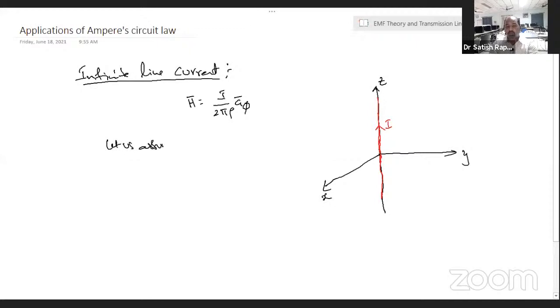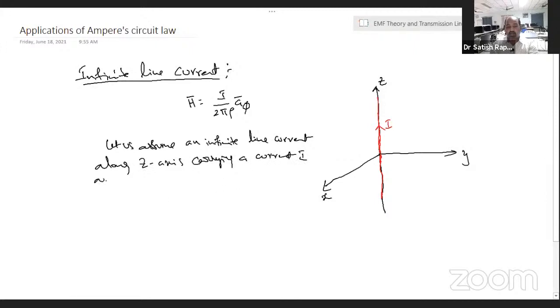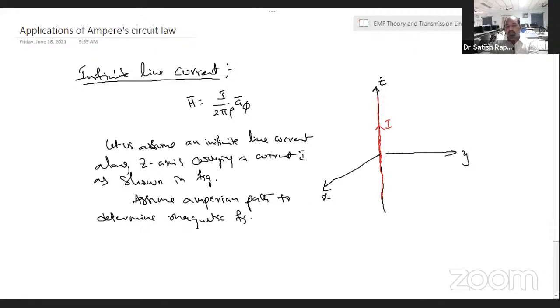Let us assume an infinite line current along the z-axis carrying a current I as shown, and assume an Amperian path to determine the magnetic field.